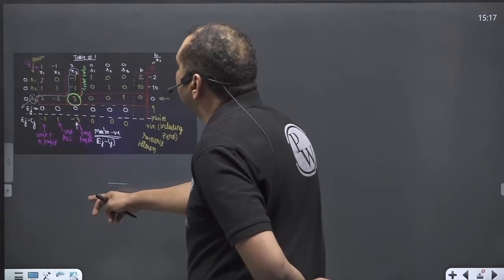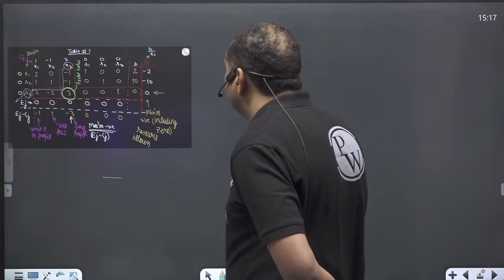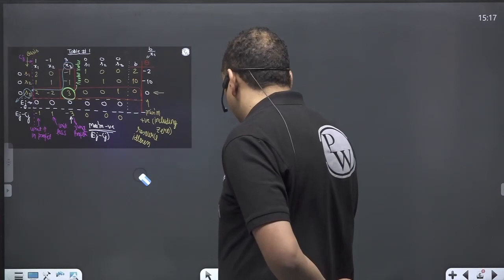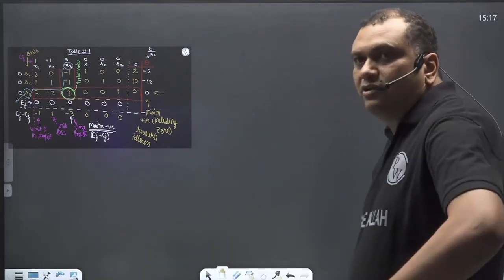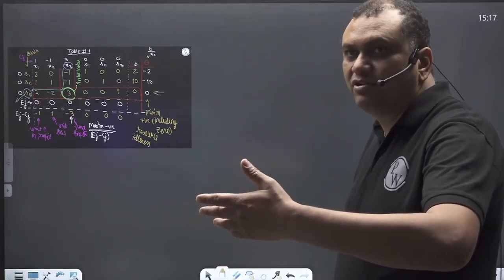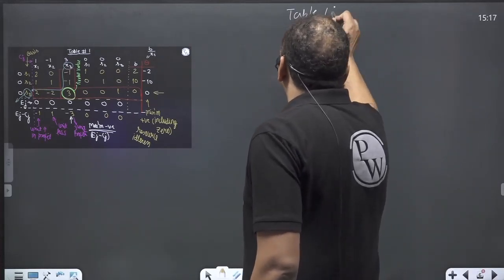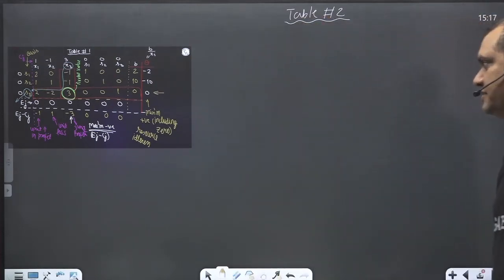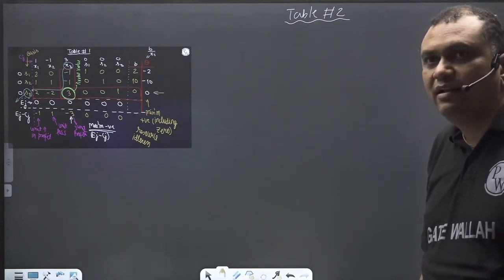Correct. So this is my first table. You will get the printout, so don't worry about these things. Table 2. So what was the decision on my first table?